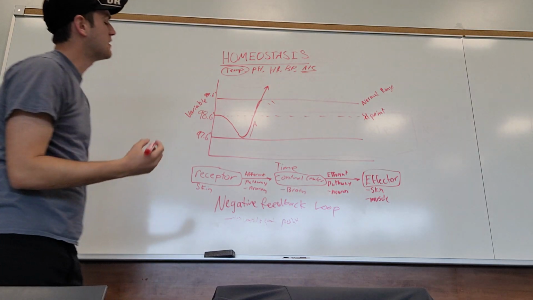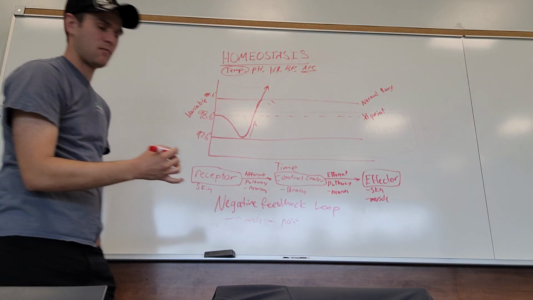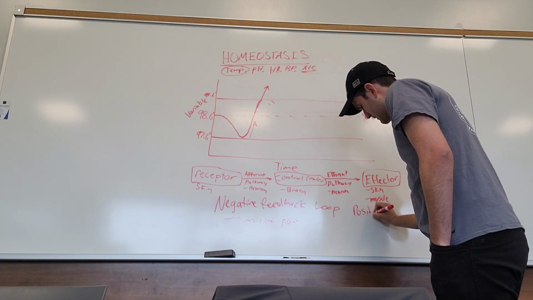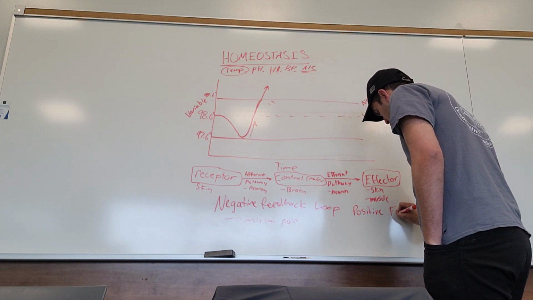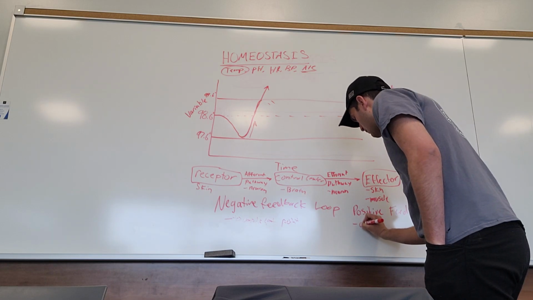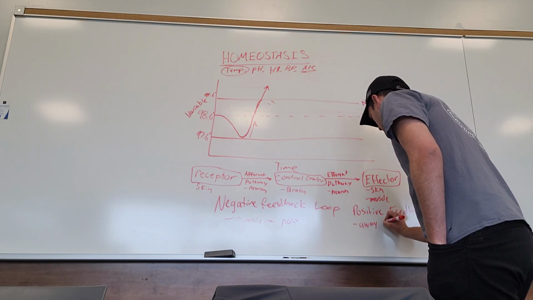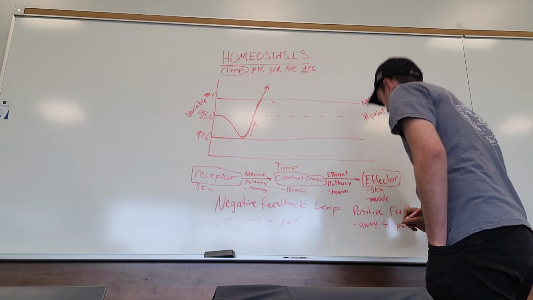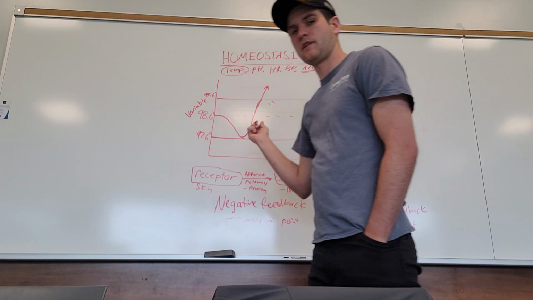So if it continues to take it away from our set point, that's what's going to be called a positive feedback. And positive feedback, that's away from set point. Okay, so that's our positive feedback loop.